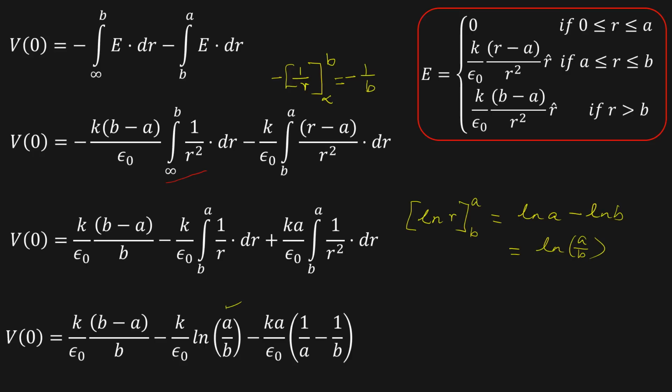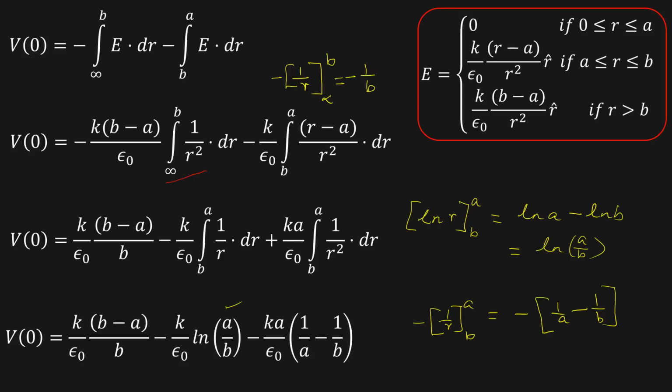Then the last integral. What will happen if you integrate 1 over R squared? You will get minus 1 over R. You have to apply the limit P to A. So the upper limit is A, this will become minus 1 over A, and the lower limit minus 1 over P. Here you can see there is a plus sign, here you have minus. So this will become minus K A over epsilon naught times (1 over A minus 1 over P).